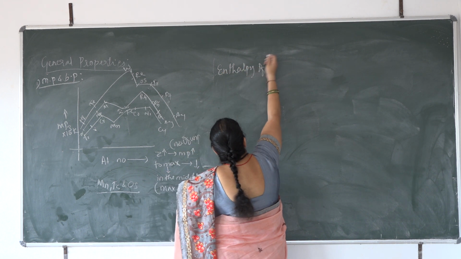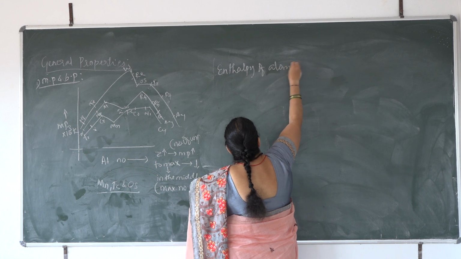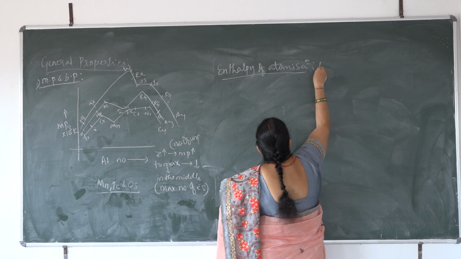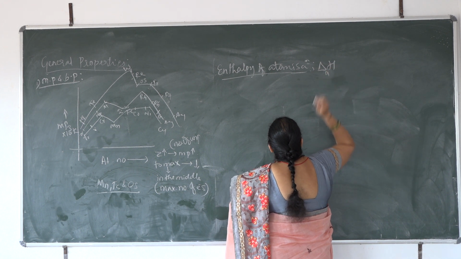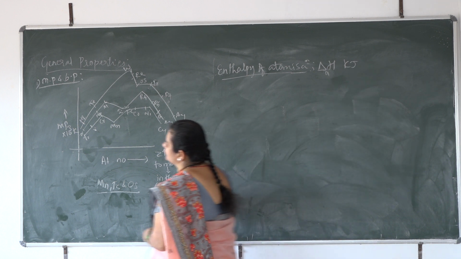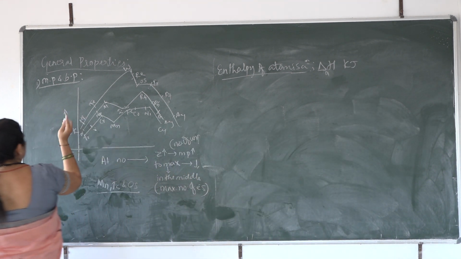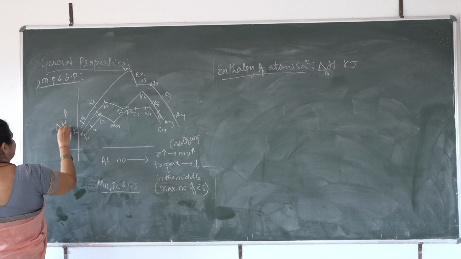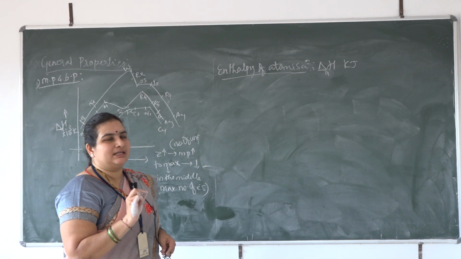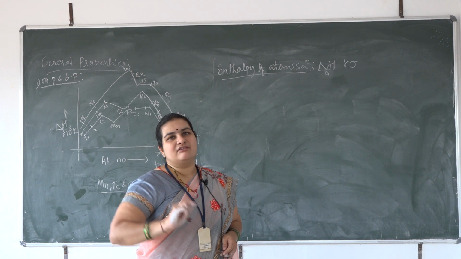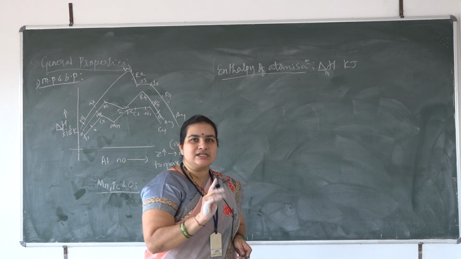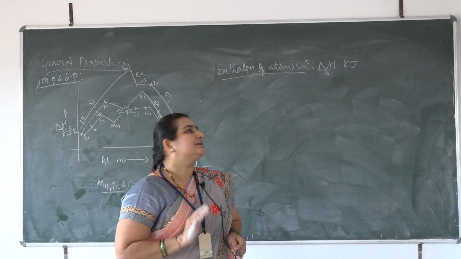Enthalpy of atomization. So this is represented by the letter delta HA. Okay. So it is measured in kilojoule units. So here also the same graph is followed for delta HA, but with the change, instead of melting point along the y-axis, we are having the delta HA or enthalpy of atomization.